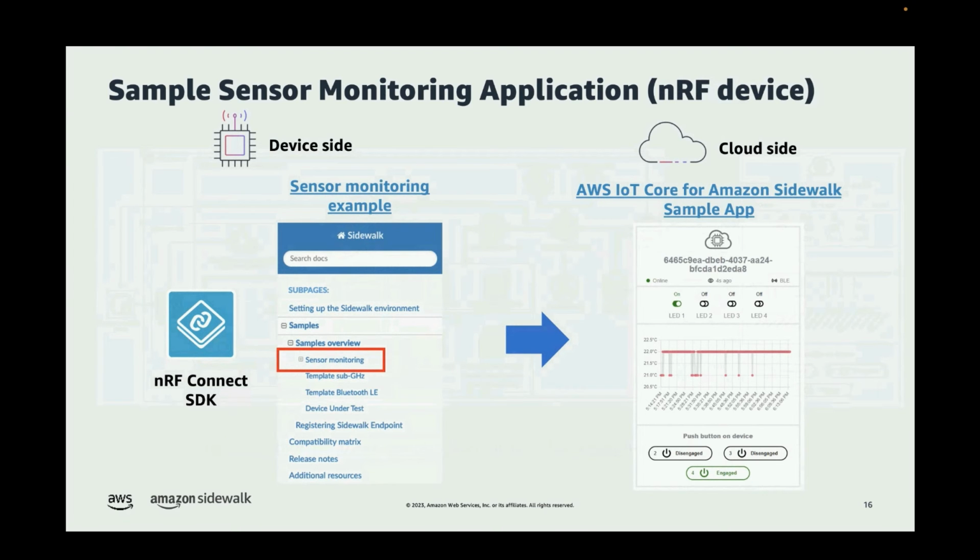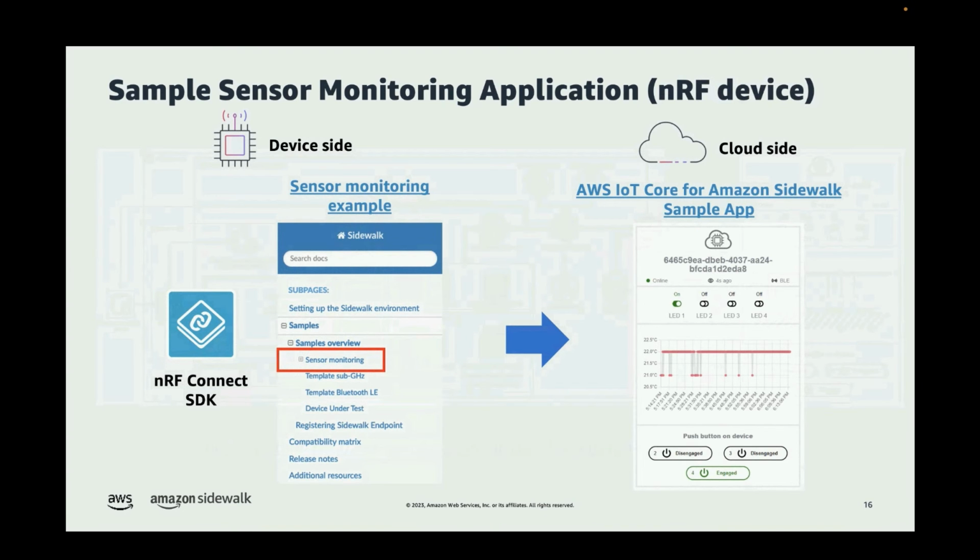A couple of the other templates here also show you how to get started with a bare bones approach, but you still have to worry about how you're going to decode your payloads in the cloud and things like that. Whereas the sensor monitoring application is really an end-to-end system, both device side and cloud side software in order to see this whole system work.